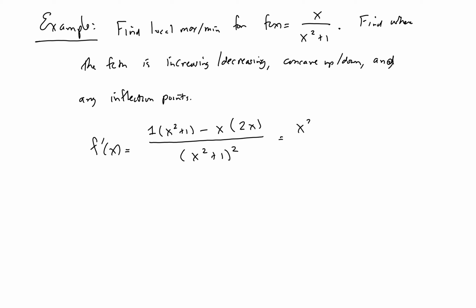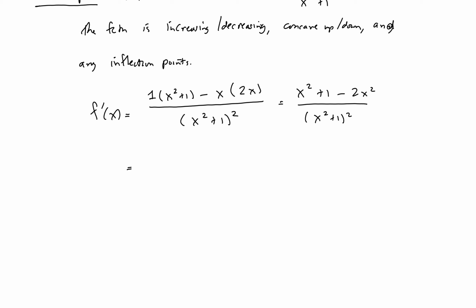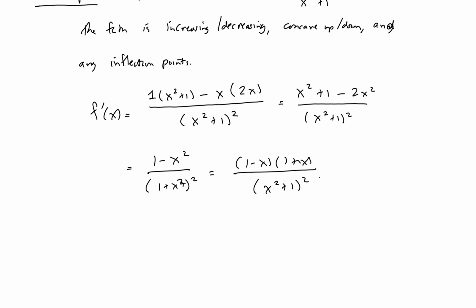So notice I get x squared plus 1 minus 2x squared over x squared plus 1 squared. This becomes 1 minus x squared over 1 plus x squared squared. And I can factor this as 1 minus x, 1 plus x over x squared plus 1 squared.